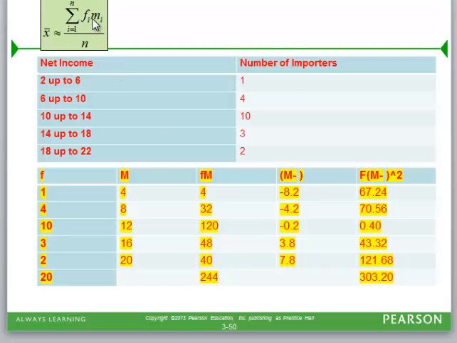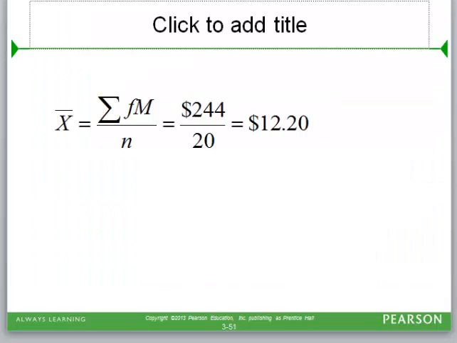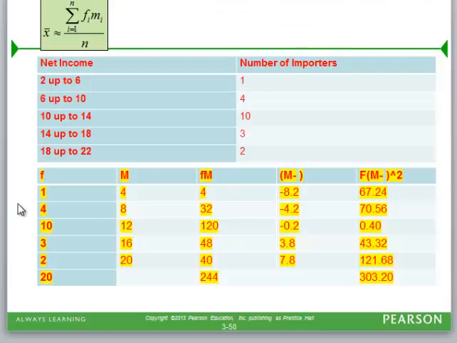We add all these frequencies times m, and the number is 244, found by 4 plus 32 plus 120 plus 48 plus 40. Then we use this 244 divided by 20, the number of values, and we get 12.20.